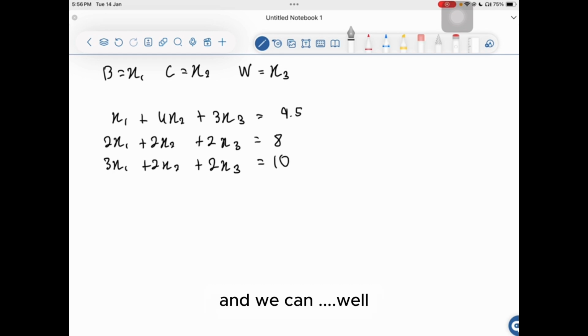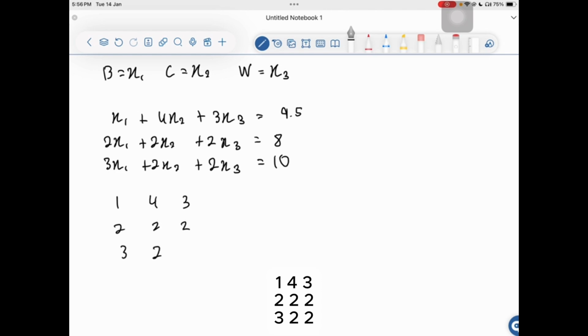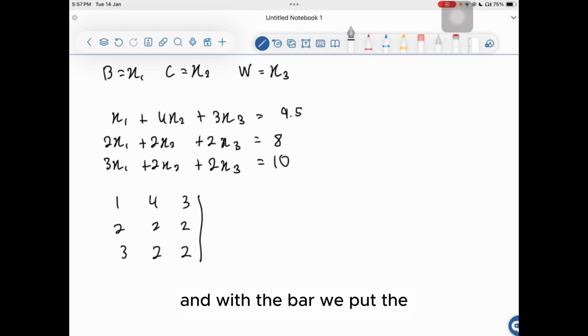After we get all the equations, we can make them into matrix form. We can create a matrix like 1, 4, 3, 2, 2, 2, 3, 2, 2, and a vertical bar. We put the coefficients with a bar.